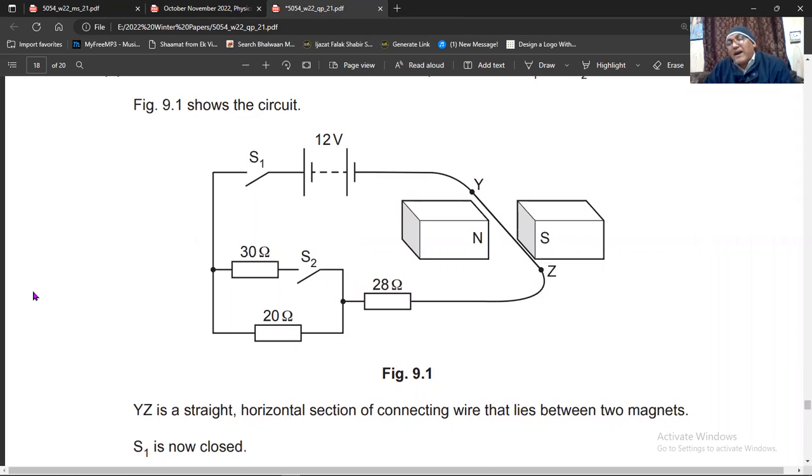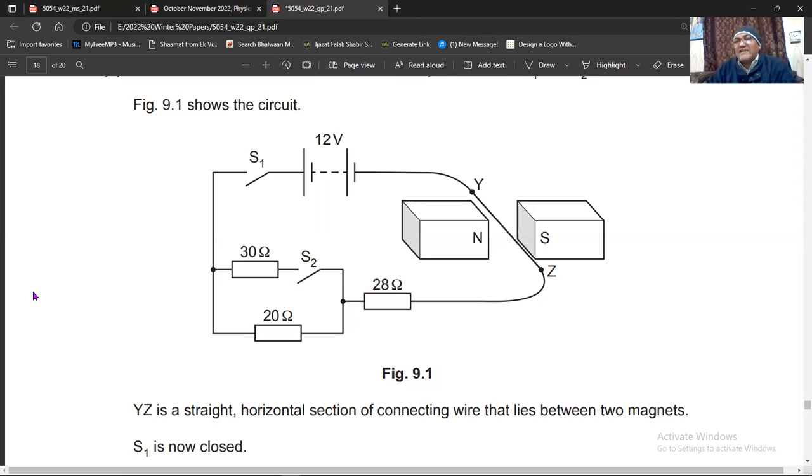So above this wire, the magnetic lines due to the electromagnet and the magnetic lines of these permanent magnets are in the same direction. And below this wire, the direction of the magnetic lines due to the electric field around that current carrying wire, and the north and south of those permanent magnets, will be in the opposite direction.